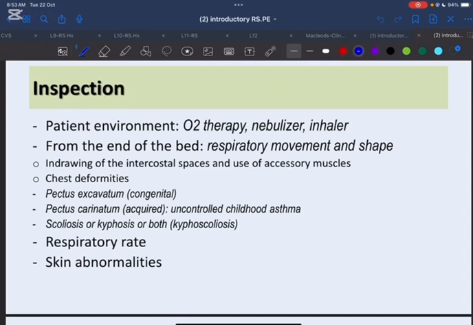Sometimes we see 3 points of tiny scars, 1 cm each. It reflects video-assisted thoracoscopy, like laparoscopy. Why 3? One for the camera, one for the gas, they put CO2 gas, and one for the trocar or channel, for example if they want to introduce a biopsy forceps or something like that.